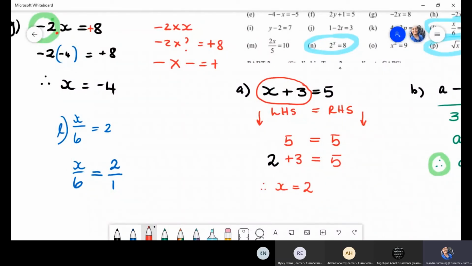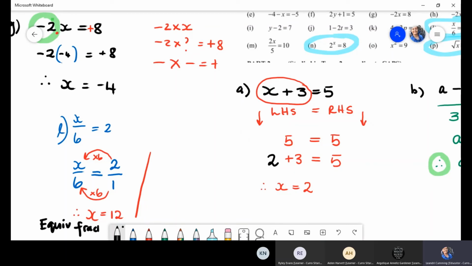You can say, what have I done to 1 to get 6? I've multiplied it, because this is equivalent fractions. What do I do to 2? I also times it. So therefore, x is going to be 12. That's one way of doing it based on the rules of equivalent fractions. But the other way to do it is to just say, okay, something divided by 6 gives me 2, which means 2 times 6 will give me x, which is 12.